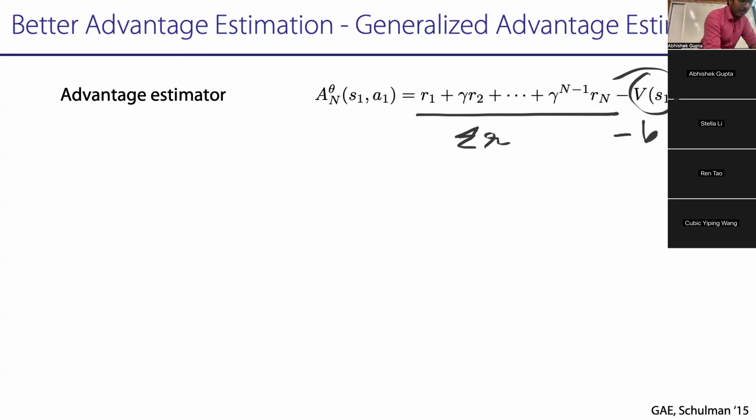But a baseline is just some state-dependent function, kind of like your average rewards. So you take your sum of rewards in a trajectory and subtract the average rewards from the state S1. You can think of this as: how much better was my trajectory than the average? That's why it's called an advantage. How much of an advantage do I have over the average?